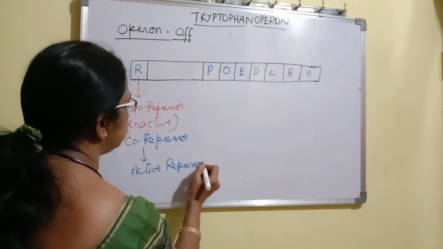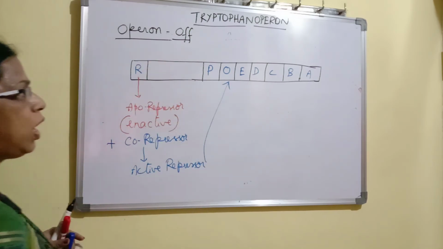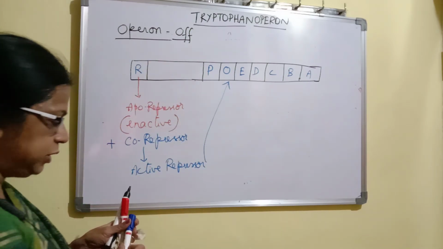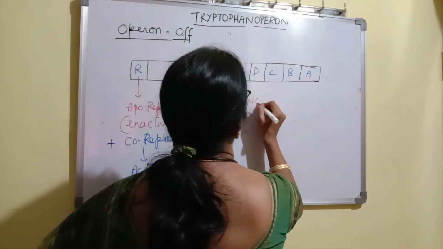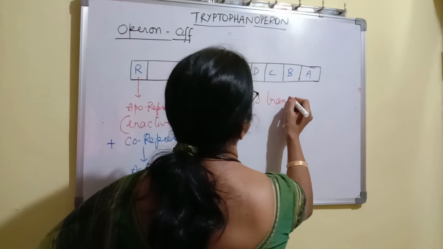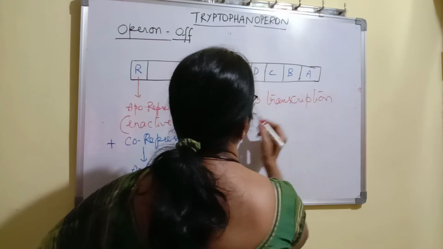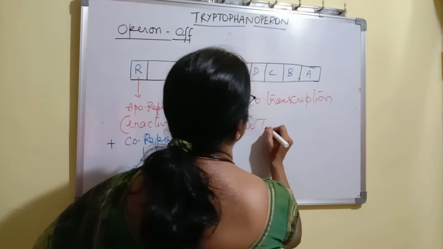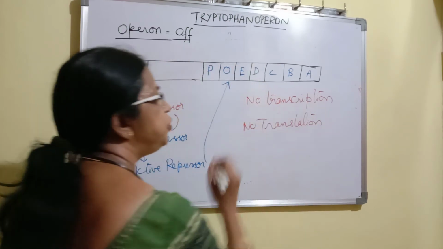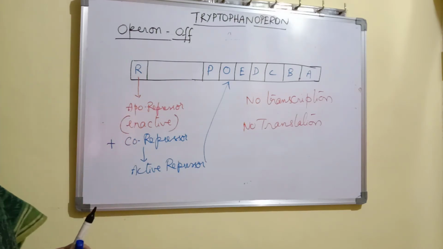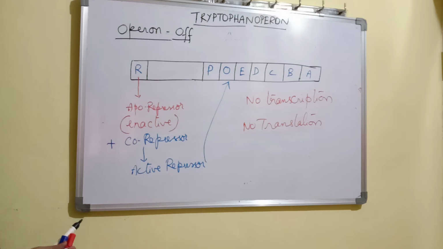When it changes to active repressor, this active repressor will bind to the operator. So when active repressor binds to the operator, there is no transcription, that means genes are switched off, and therefore no translation also. So the gene is said to be switched off.